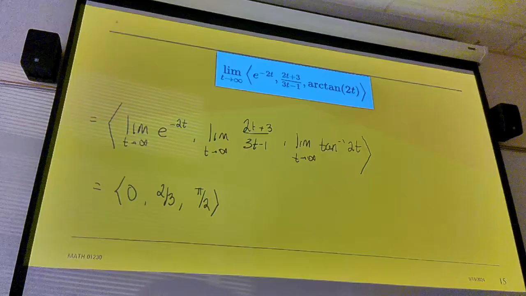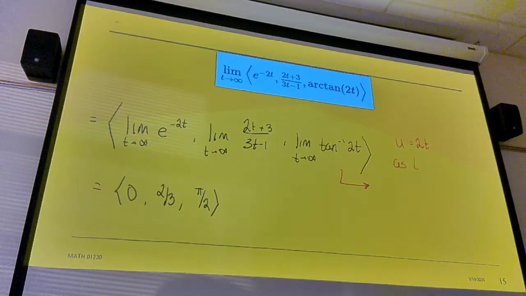Right. What you would do with that one is a change of variable. Let u be 2t. As t approaches infinity, what does u do? It approaches infinity.